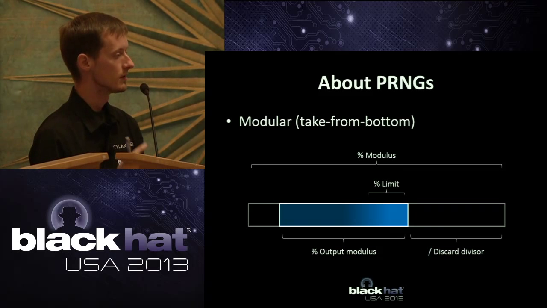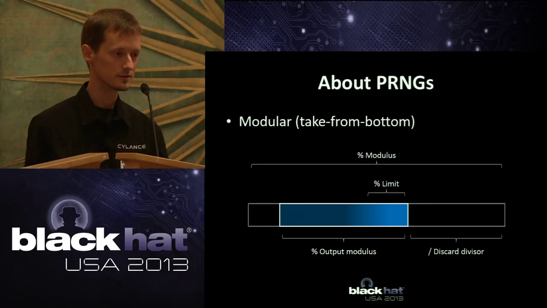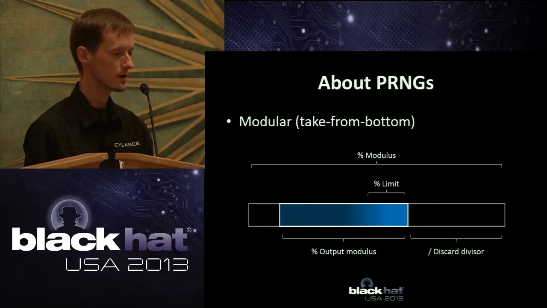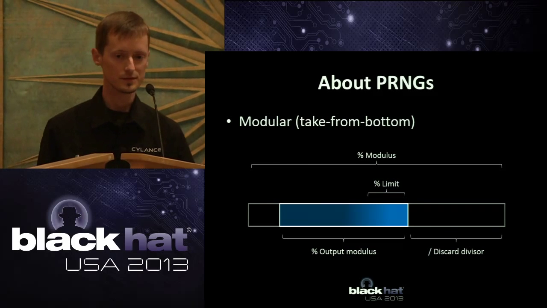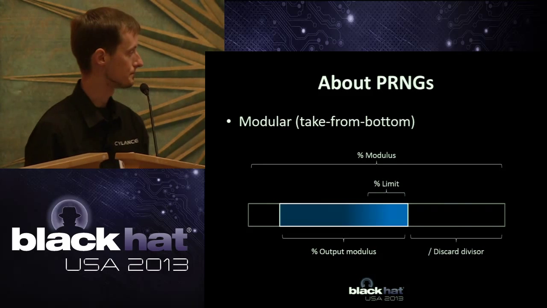Immediately before it leaves, they would divide it by, let's say, 2 to the 16 if they want to discard the 16 least significant bits. This might be a division, it might be a shift right 16, but either way, you get the idea. The least significant bits just get lost because they're deemed unsuitably periodic.